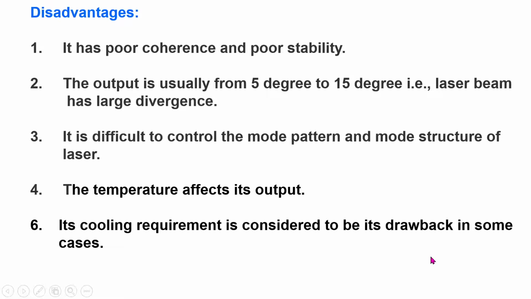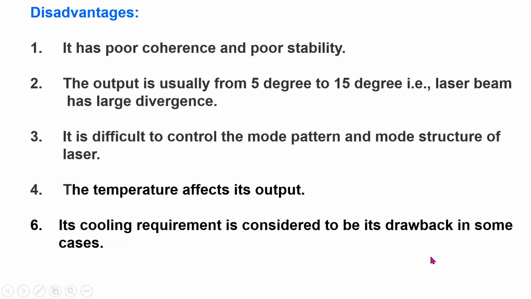Similarly, semiconductor diode lasers have some disadvantages also. They have poor coherence and poor stability. The second disadvantage is that the output divergence is usually from 5 degrees to 15 degrees. That means the divergence of the beam is more as compared to other types of lasers.